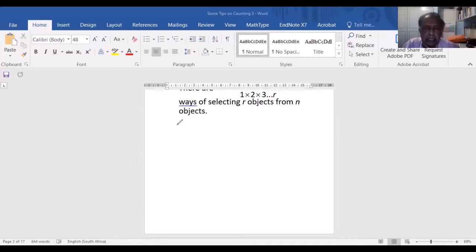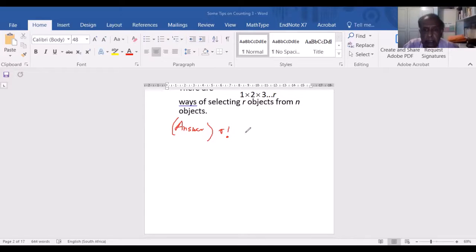The answer to our question is whatever the answer is, with r objects at a time, and each of those selections can have r factorial arrangements, as we had 3 factorial.